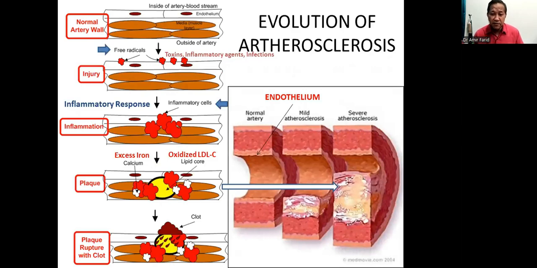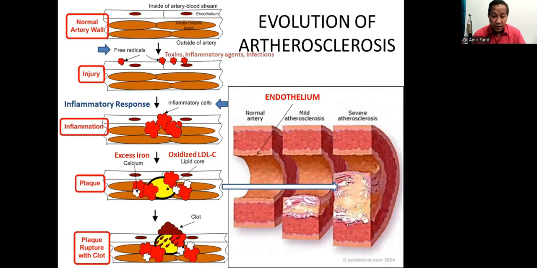Okay, let's see the evolution of atherosclerosis. Sorry, yeah, the spelling, there shouldn't be an R there. Okay. First, look at the diagram on the left. That's only showing one side of the cut section of the artery. At the top picture, the topmost part is the inside of the artery.